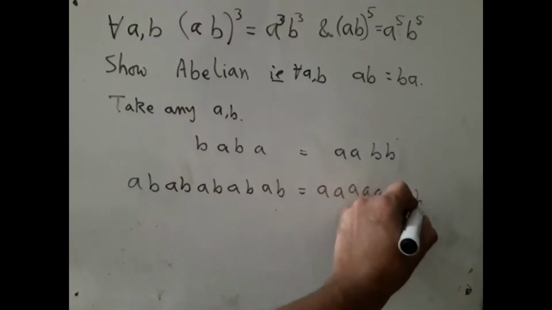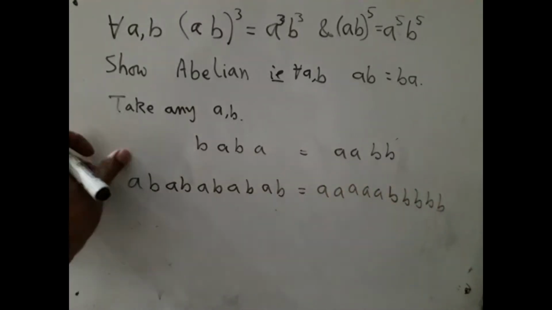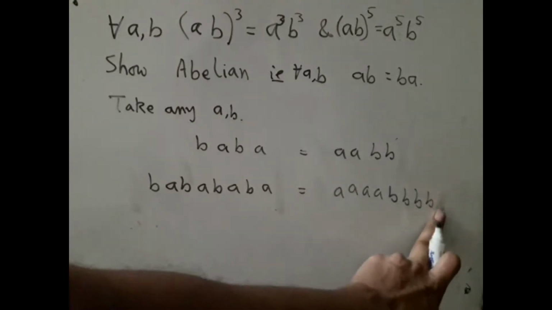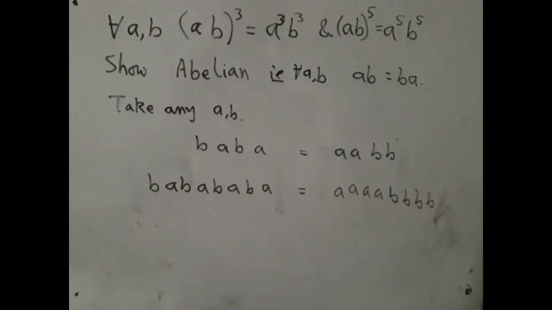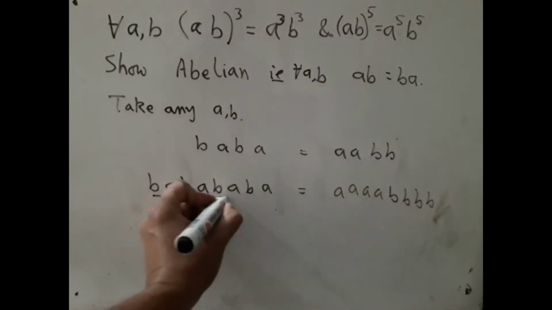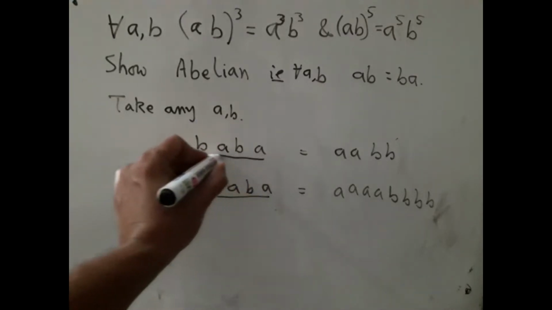b, b, b, b, b. Again, I will knock off the leftmost things and the rightmost things. So, I am left with this. So, I have these two things at my hand. Now, observe that you have this ba twice and this is also ba.